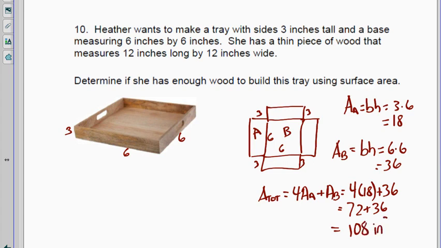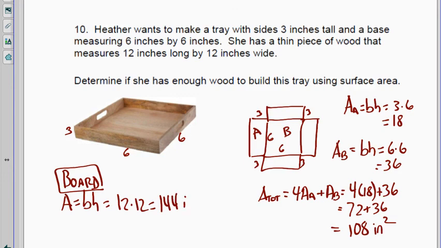inches squared. Now the board, let's see if it has enough area. That's the first check. So the board's area is base times height, 12 times 12 is 144 inches squared. It seems like we have plenty of room. If you were actually building this, you'd have to map out on your 12 by 12 board if all these pieces would fit, because if you had a really skinny long board, it wouldn't work.